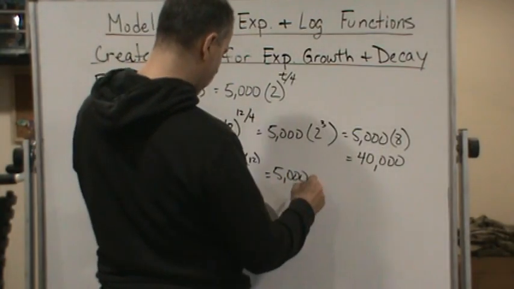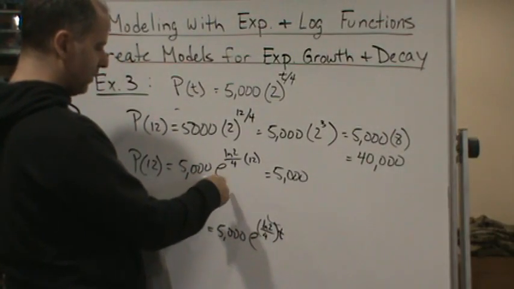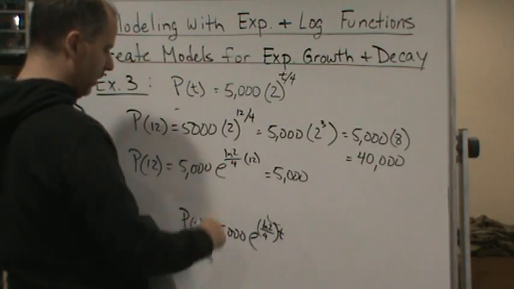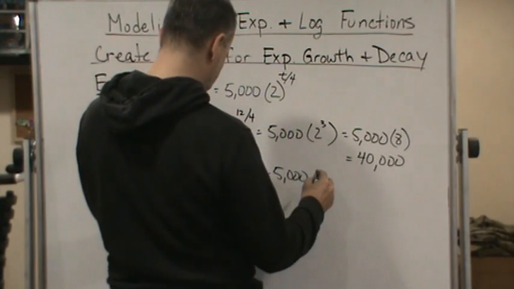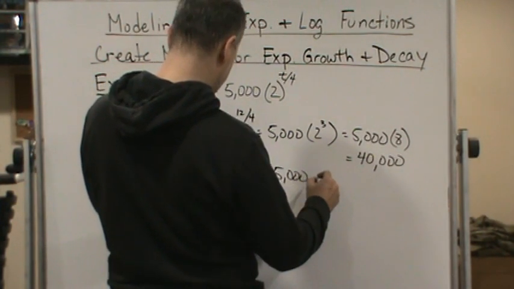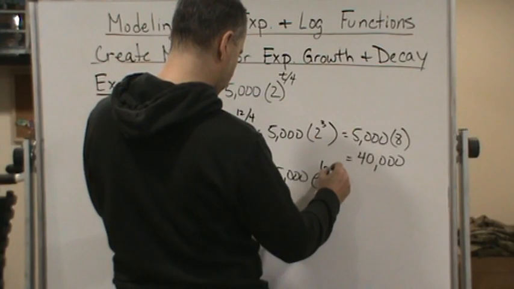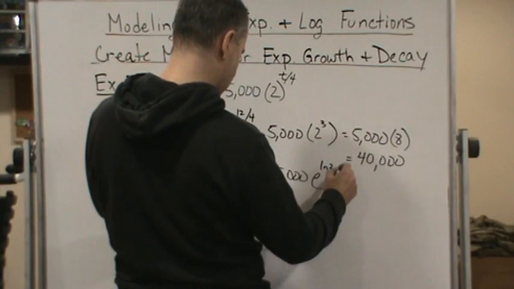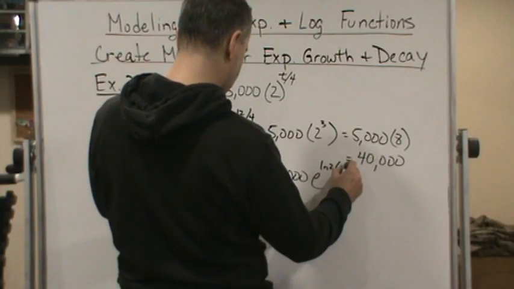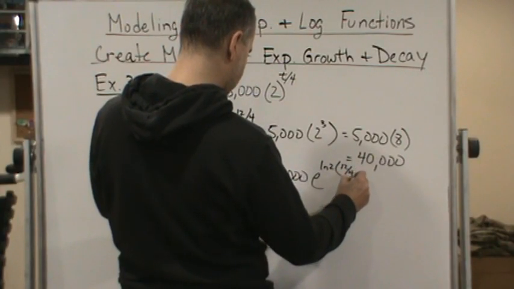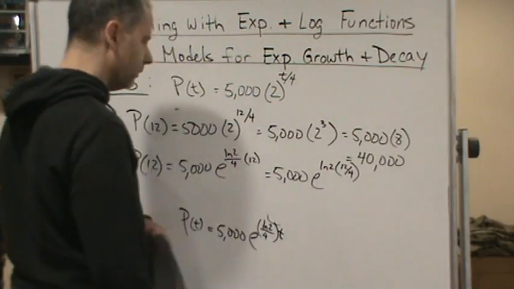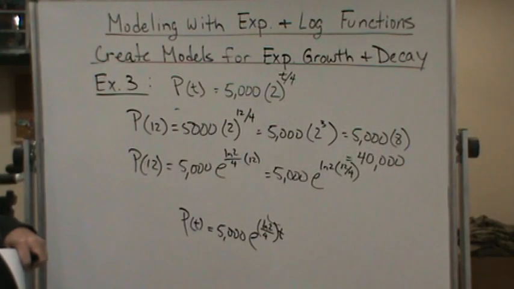And this is going to be what? Now, again, you could stick this in your calculator or just use the property of exponents here. So this is going to be, I can rewrite this as e, and this is going to be the natural log of 2 times 12 divided by 4, right?